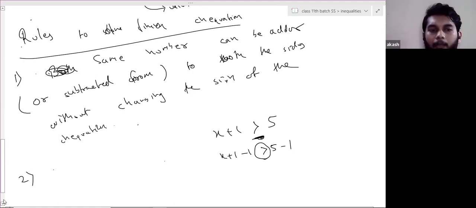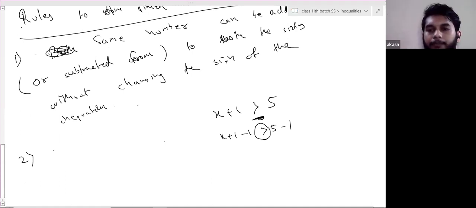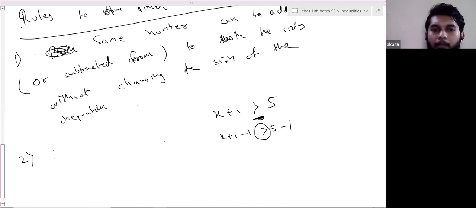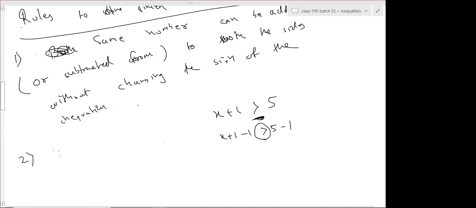All right. What is rule number 2, Iram? Same positive number can be multiplied or divided on both sides of the inequation without changing its sign. All right, absolutely right. So what did she say?